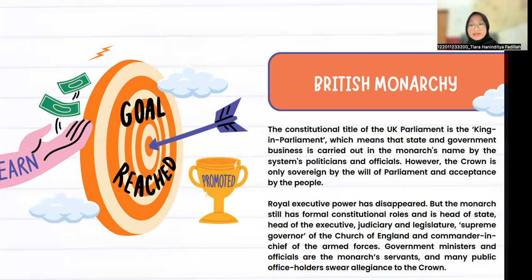Royal executive power has disappeared, but the monarch still has formal constitutional roles and is head of state, head of the executive, judiciary, and legislature, supreme governor of the Church of England, and commander-in-chief of the armed forces. Government ministers and officials are the monarch's servants, and many public office holders swear allegiance to the crown.